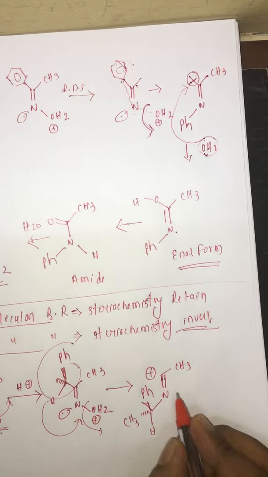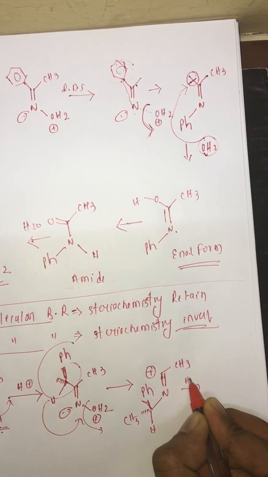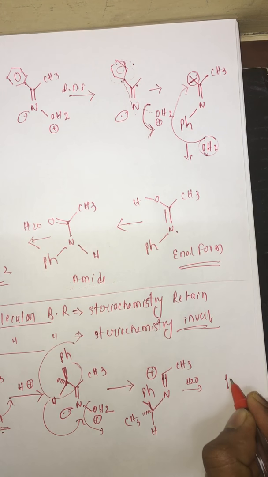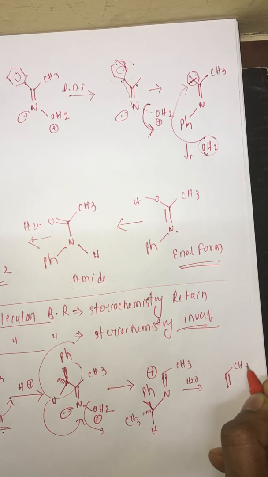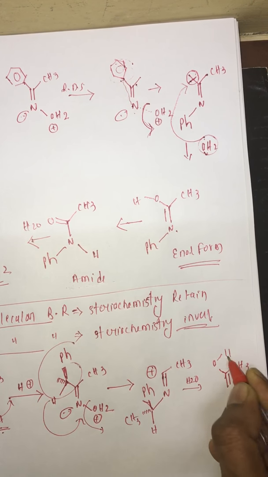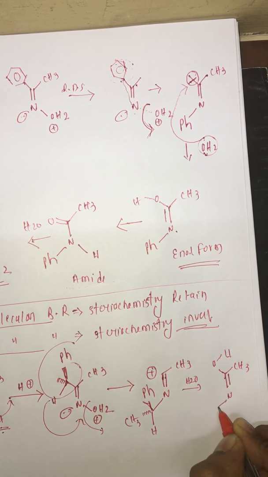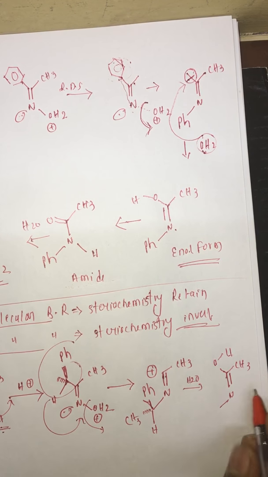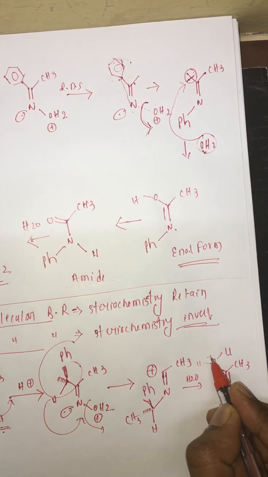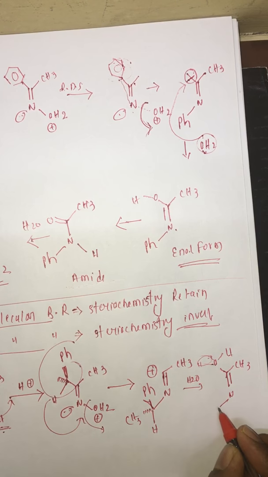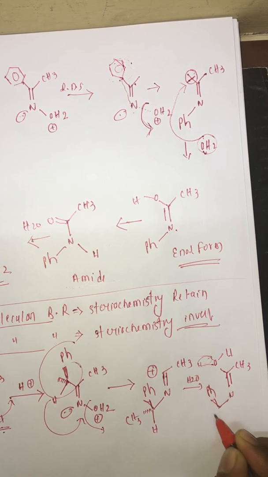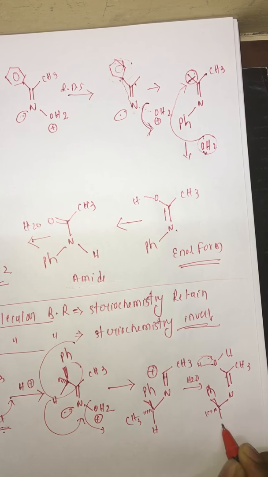And next we have a water molecule, and that water molecule attacks here, it forms the enol form. I mean, I directly wrote the enol form, it actually attacks like this, but I wrote the enol form only. And then Ph, here we have methyl and hydrogen.